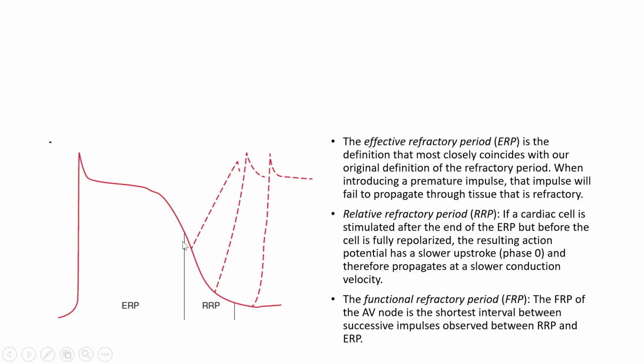So just following my arrow, the time interval between the end of the effective refractory period and the earliest time of the relative refractory period is the functional refractory period where you can stimulate the myocyte. Hope that is clear.